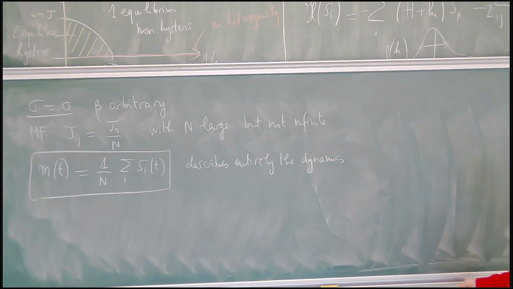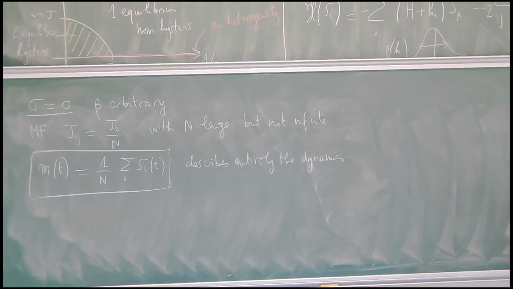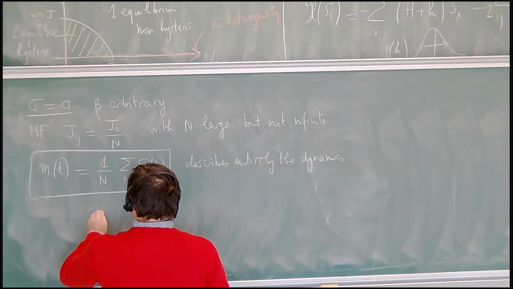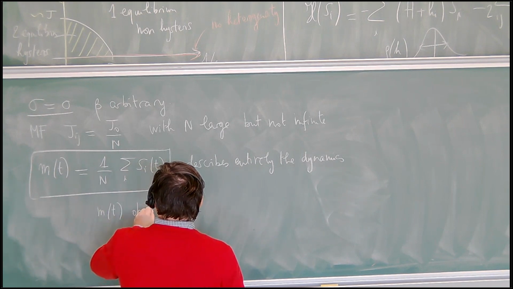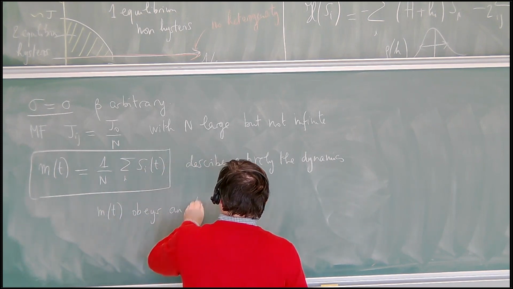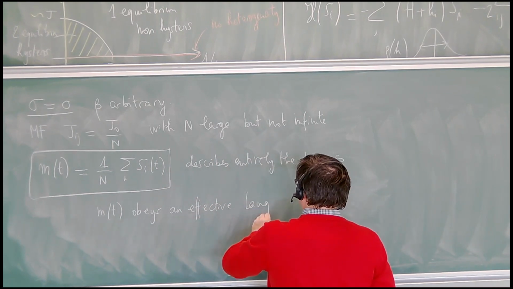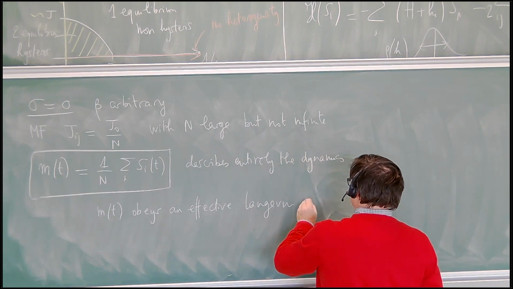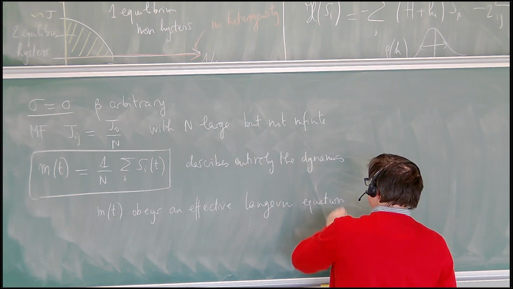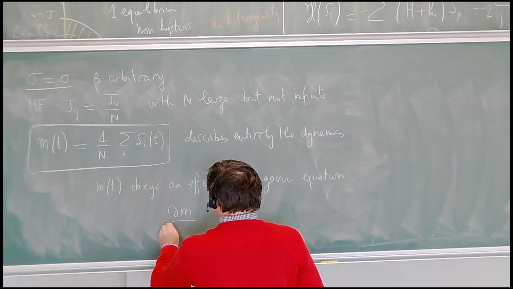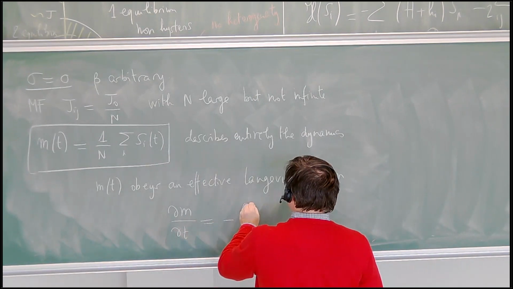And so if you look at the master equation that I've erased now, in the specific case of this model with no heterogeneity and mean field interaction, what you find is that m of t obeys an effective Langevin equation, which is the following: dm/dt equals minus dV/dm.